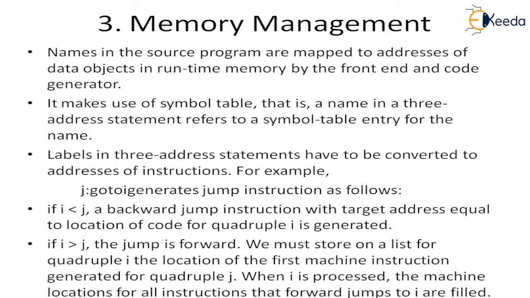If i is less than j, then it is a backward jump instruction with the target address equal to the location of the code for quadruple i. And if i is greater than j, then the jump is forward. That means the list of quadruple i locations or of the first machine instruction generated for quadruple j. So in this way, the memory management takes place.